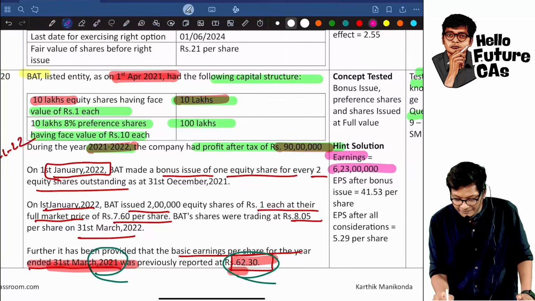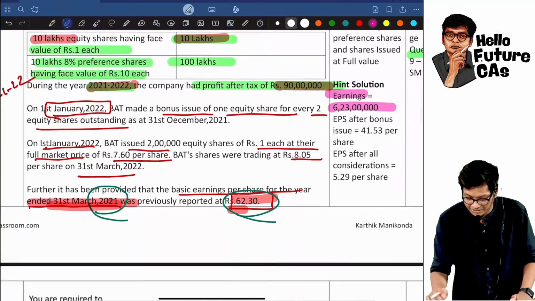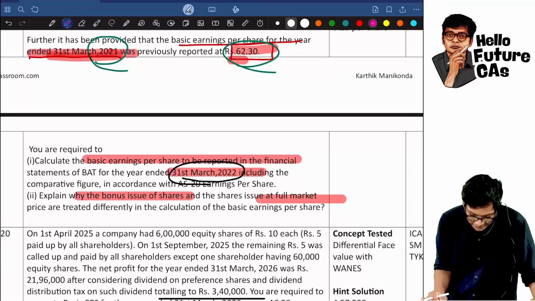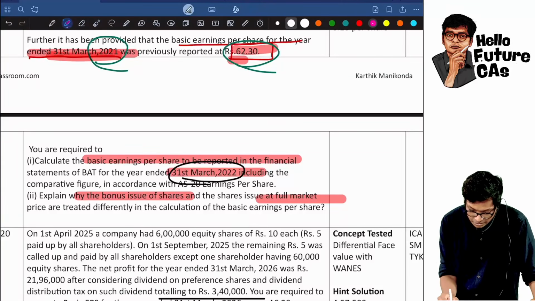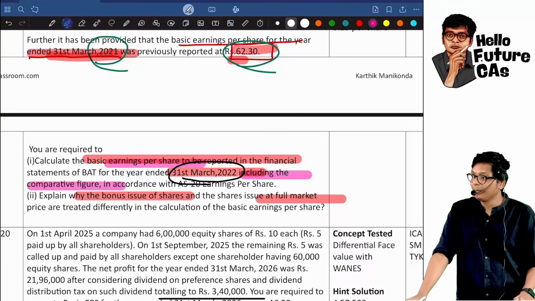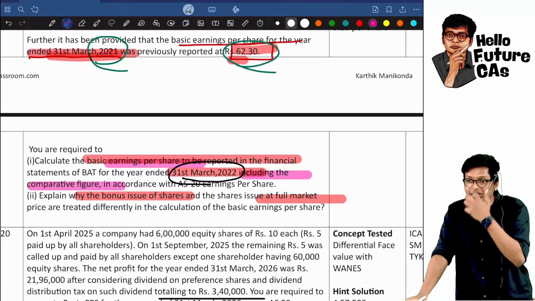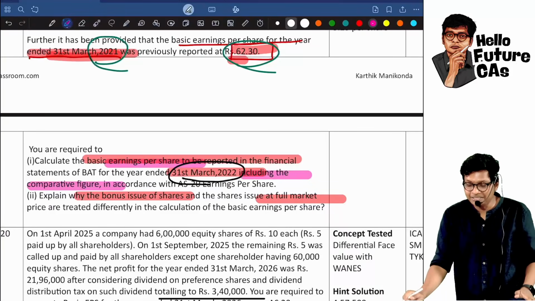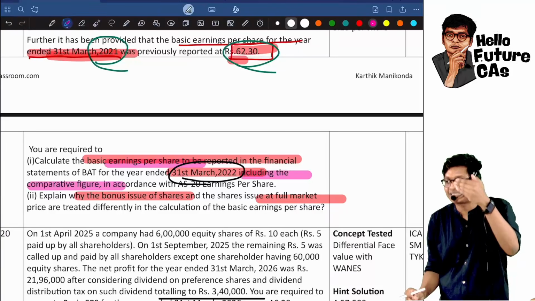They have anyway given previous year EPS, so I am just checking whether they have asked for it in the question. Look at this: compute basic EPS to be reported, including the comparative figure. Comparative figure for last year. Are you all getting it, guys? Since I need to compare with last year, I need to find last year's net profit.